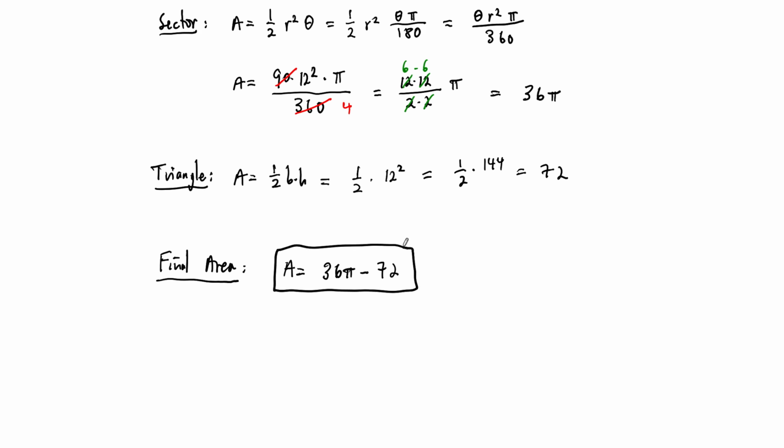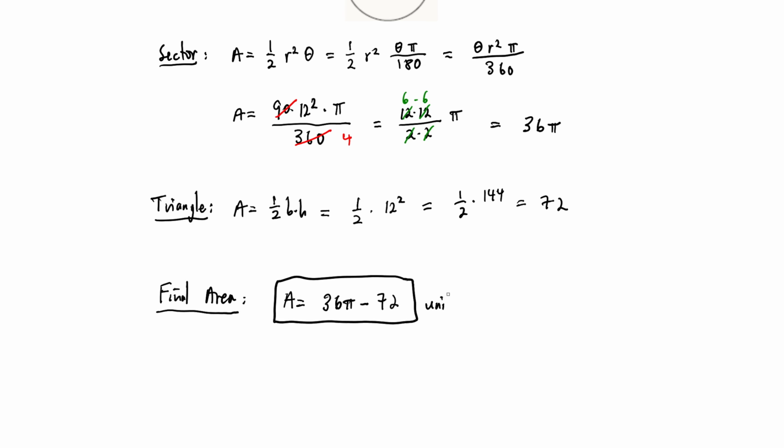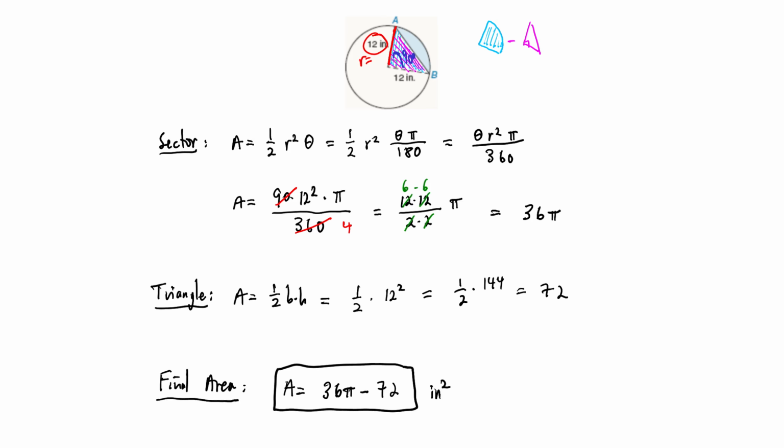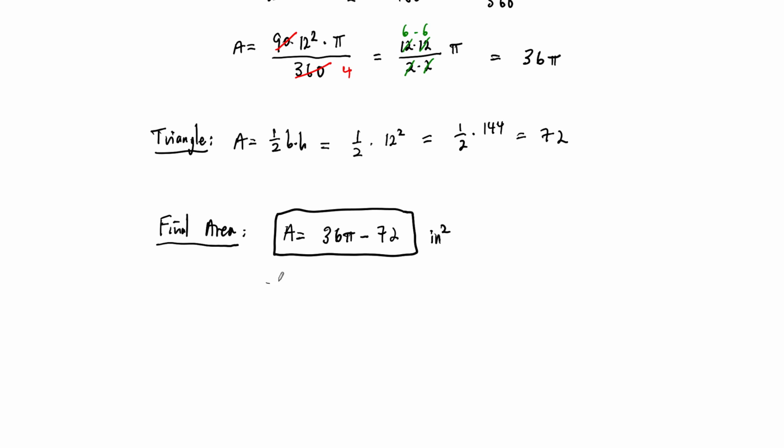So there's an exact answer, 36 pi minus 72, and this is in whatever units we had, squared. It's inches, so this is in square inches. Always add the units when you're given the units. We were given units on this one, so we add in inches squared as part of our final answer.